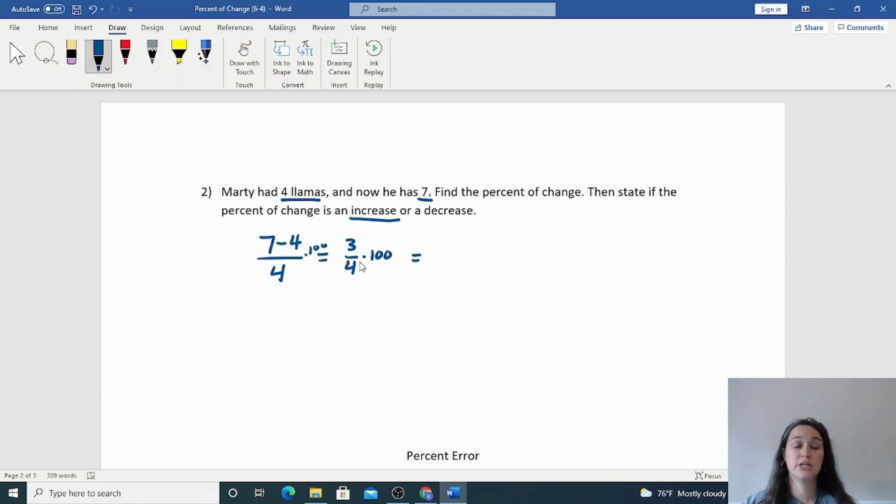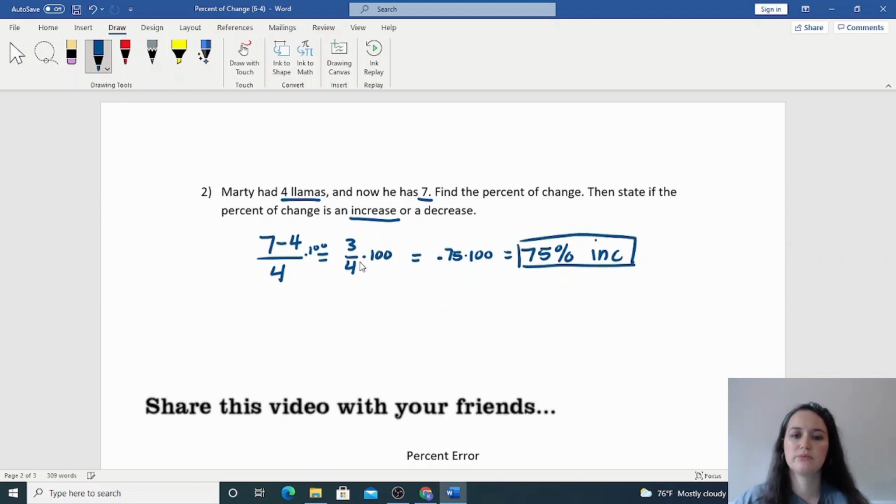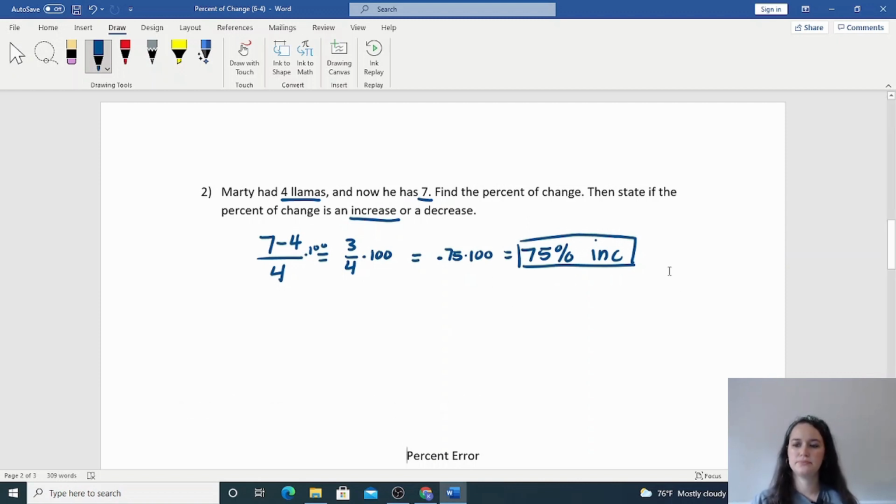Just remember, it's a percentage, so we need to move our decimal over. So that is going to be 0.75 times 100, and that is going to equal 75%. Okay, and that's positive, so that's going to be an increase. Okay, and notice when it's positive, I don't write a plus. I don't have to because I know it's an increase. All right, there's Marty's llamas.